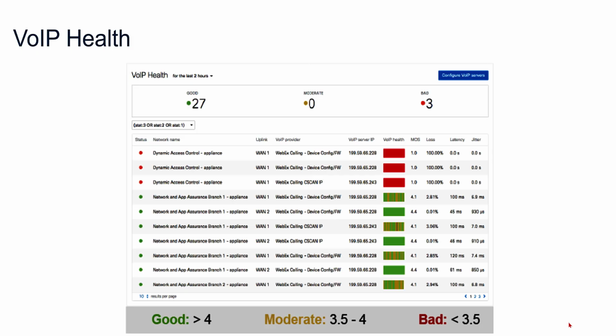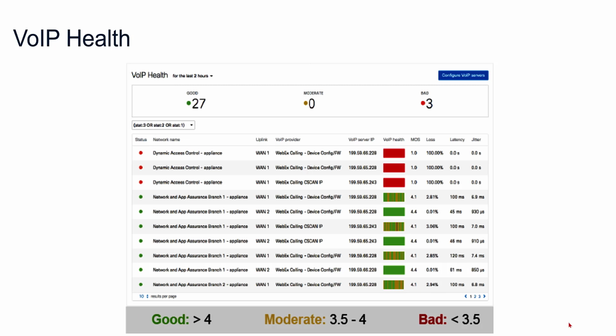Now, another thing we have available to us is also voice over IP health, right? We're talking about application performance, but one of the most sensitive workloads in the network is our voice over IP traffic. Users are kind of a little bit more accepting about slow web applications. But if they get a bad phone call, that's it.